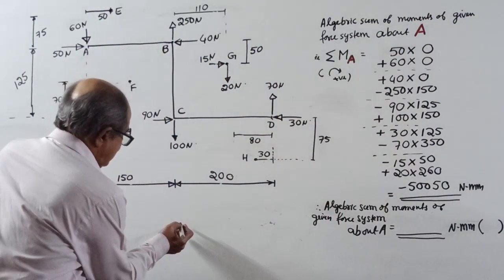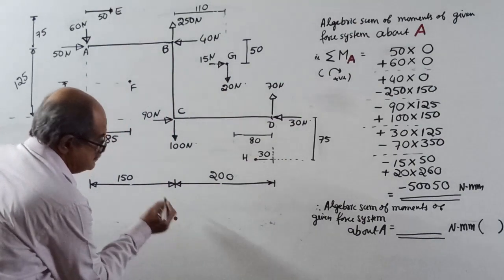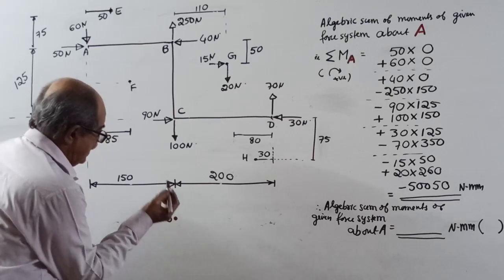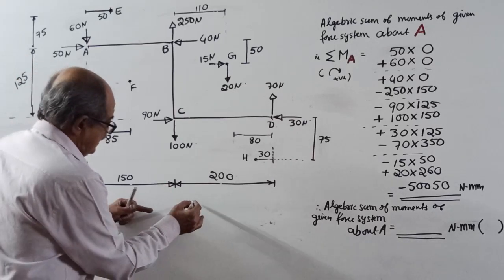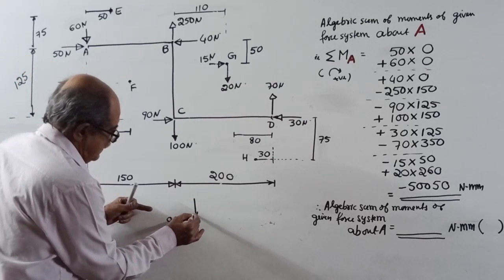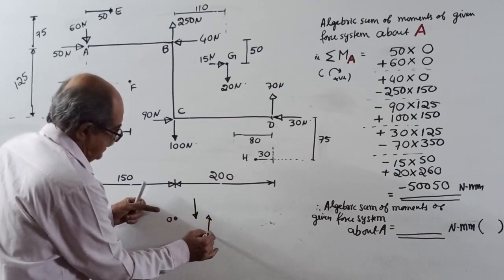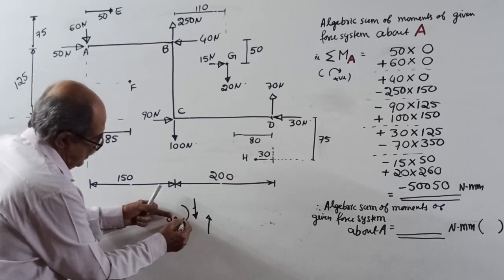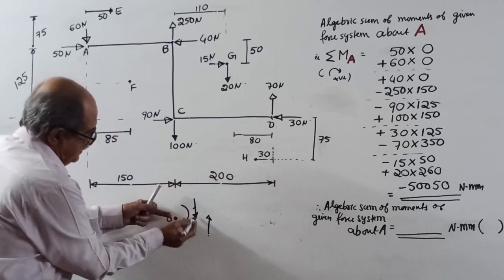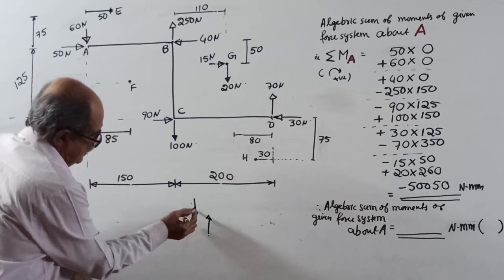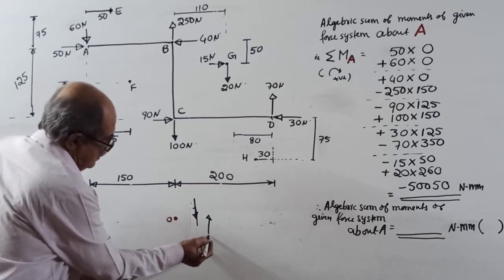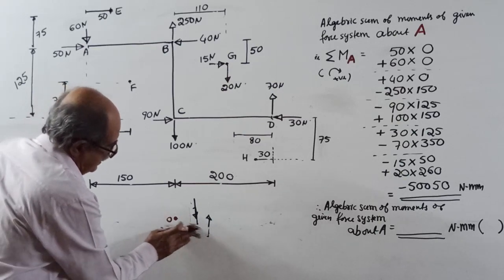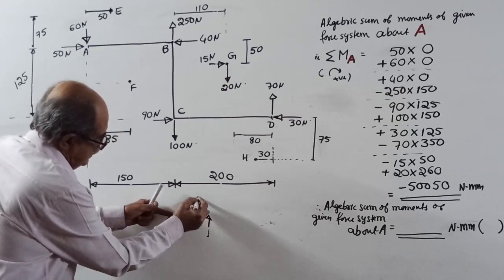Randomly take a point. Imagine you want moment about this point. Red color dot, right here. The red color dot is a point O. That O can be anything. Now, if the force is this way or this way, this force into this distance, for this force it will give clockwise, for this force anticlockwise. I write here P1, P2.